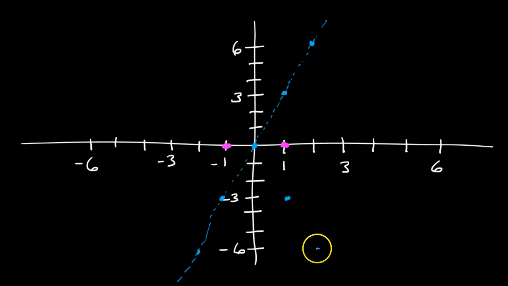Then down 3 right 1 again. So the negative sloping asymptote is going like this. And if I wanted to continue this side, I'd have to go up 3 left 1 just to continue the pattern. So I have drawn the information that I have, the vertices and the asymptotes.